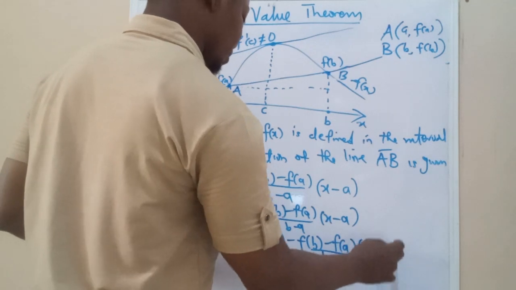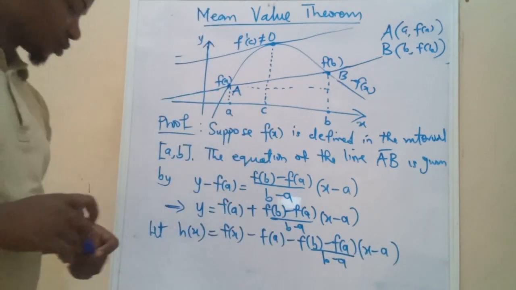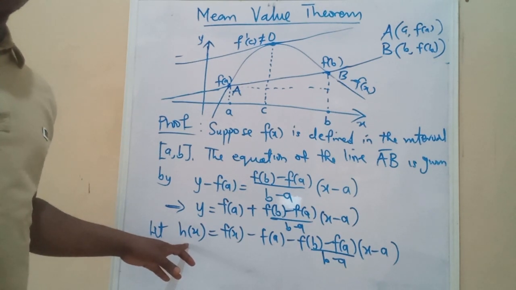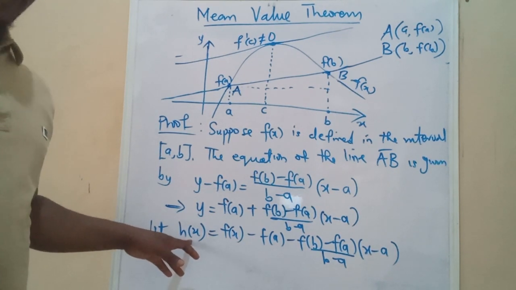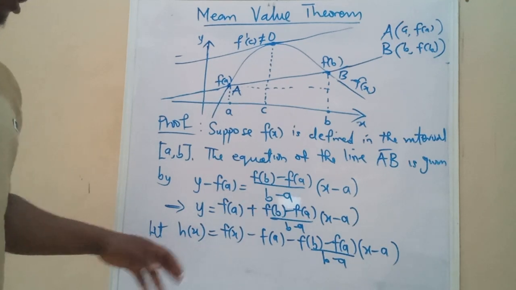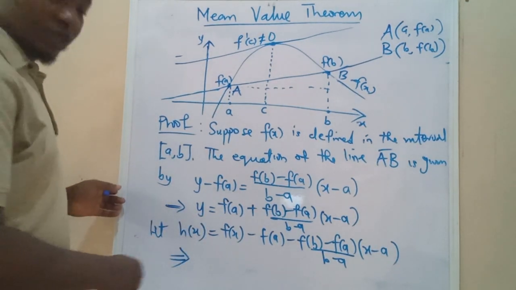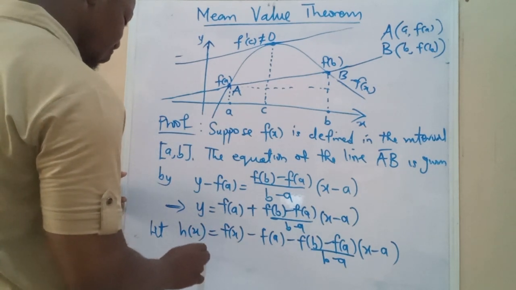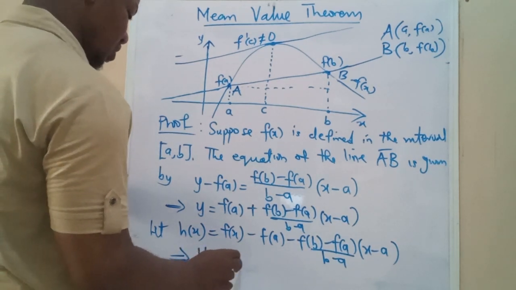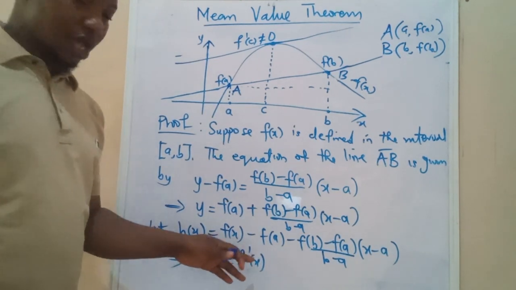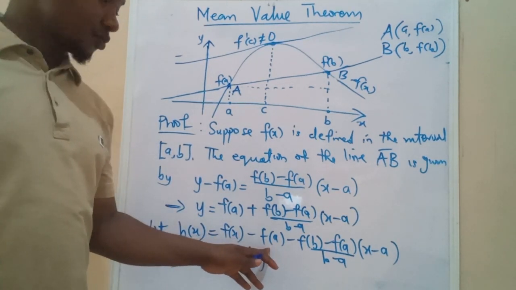Everything multiplied by x minus a. So if we differentiate this function with respect to the argument x, this will reduce to h prime of x equal to f prime of x. Of course, f of a here is a constant, so that will be 0.